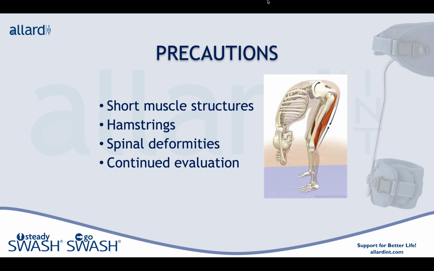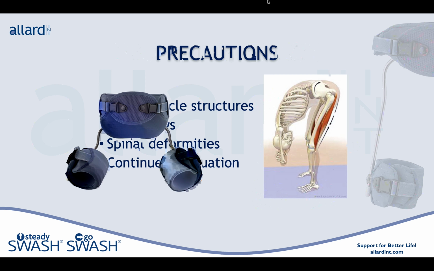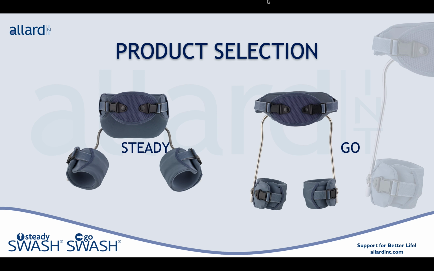Even if we have the perfect SWASH candidate as far as diagnosis goes, if we have a non-compliant patient or a family that is not reliable, then we really need to look at the whole situation to see if it is the right orthosis for them. So when do we use the Steady, and then when do we use the Go?